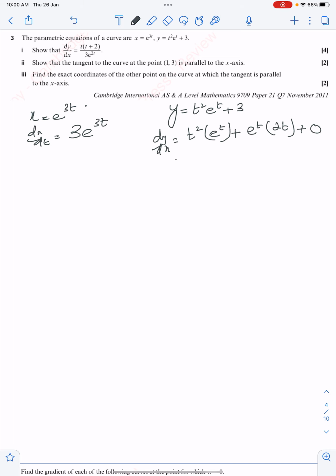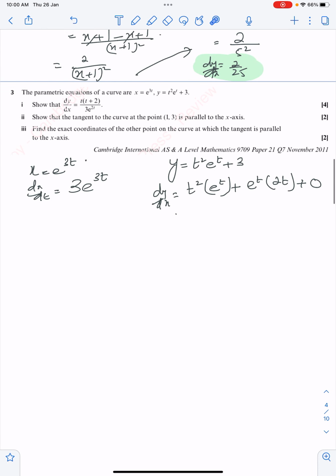Okay, if you want you can take out e to the power t as common in this. So let's do that. If I take out e to the power t as common, I'll be left with t square plus 2t here.